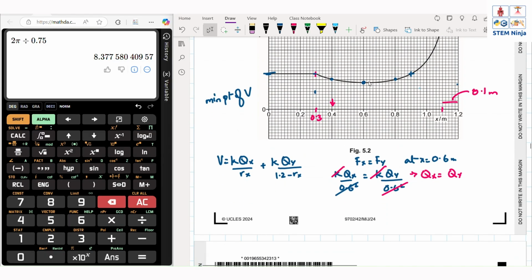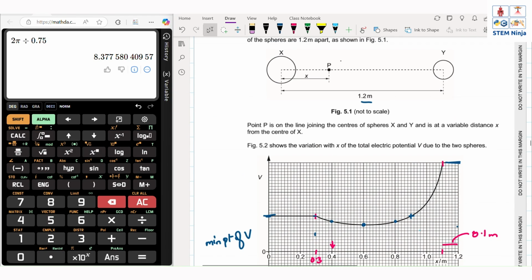That means if you put a charged object in between over here, since we're talking about a proton, it will be pushed this way by x and pushed this way by y. So at this point, the forces will balance each other out. So there will be no force, no acceleration, no motion.